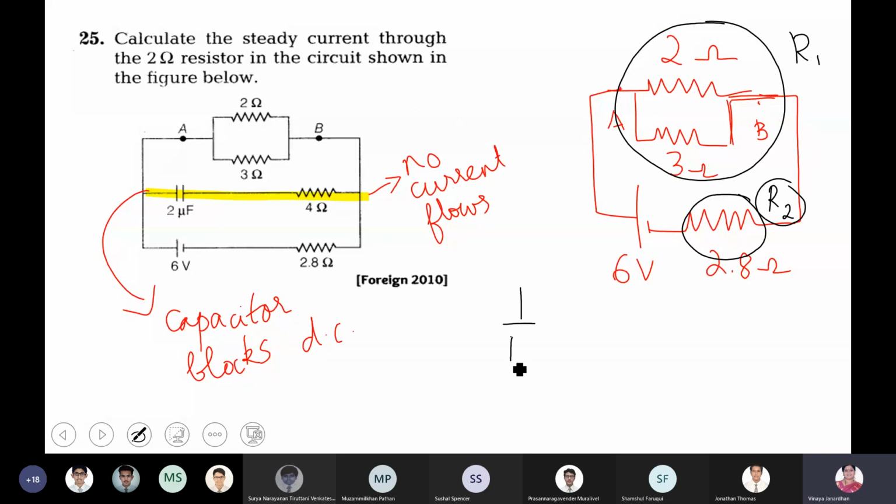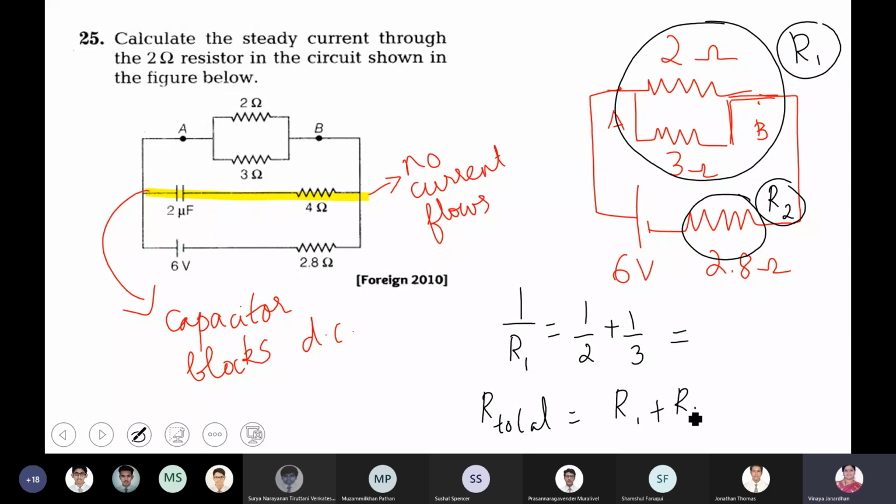So what is 1 by R1? 1 by R1 is 1 by 2 plus 1 by 3. Find that value. Then what will be R total? R1 and R2 will be connected in series, so it will be R1 plus R2. Will you be able to do this? Solve this, boys. Solve what is R1. Solve R total.